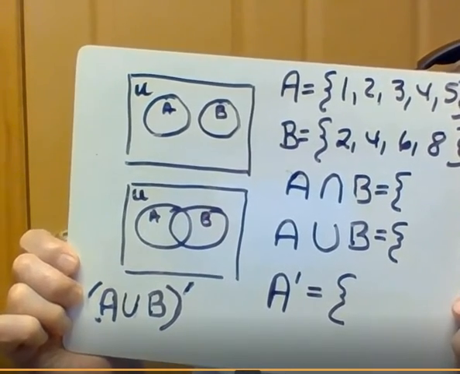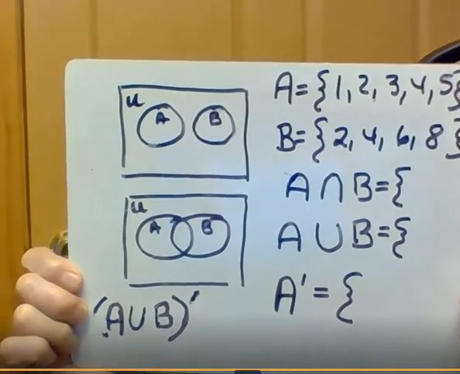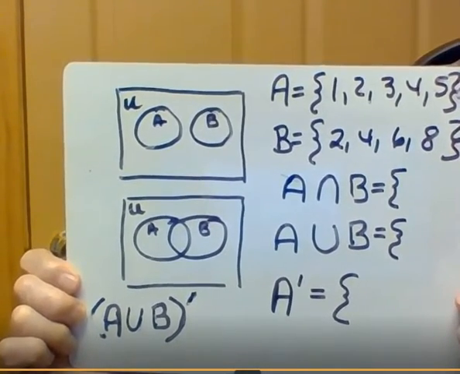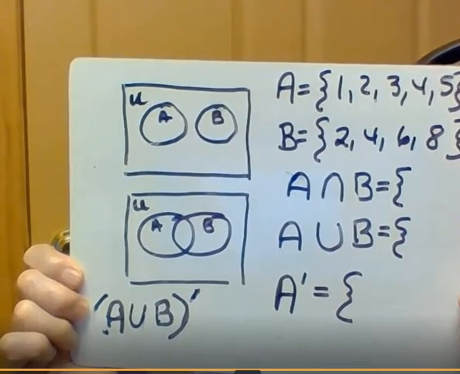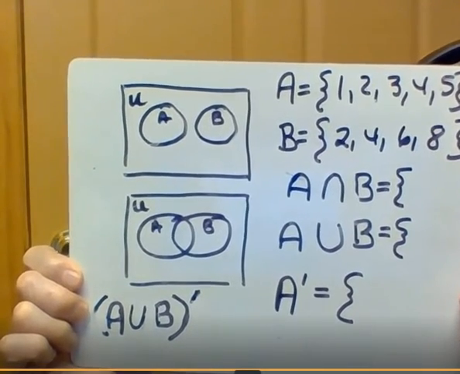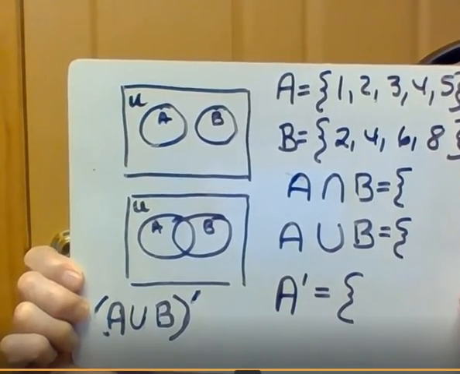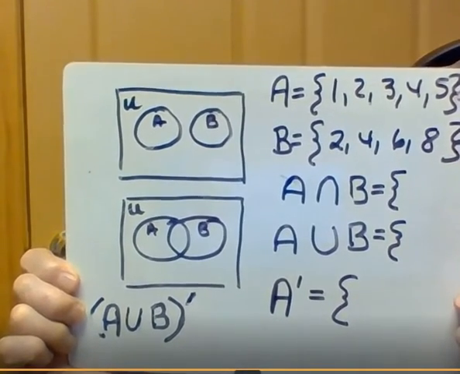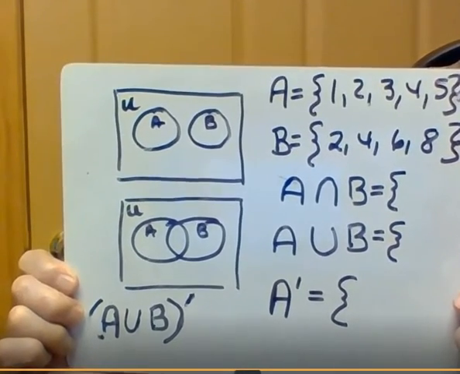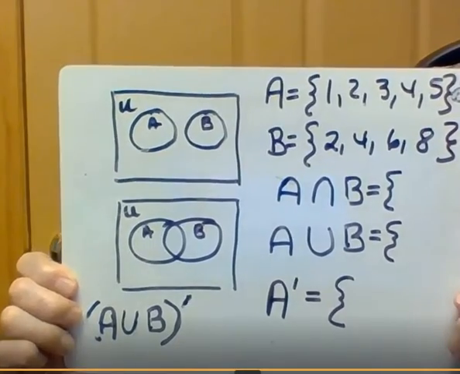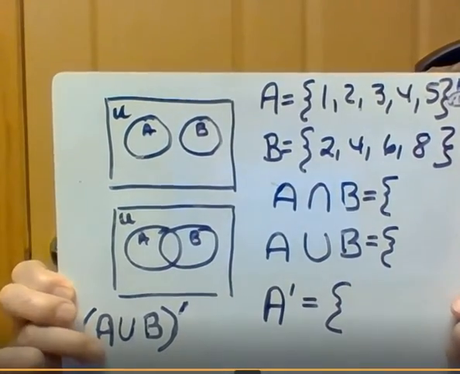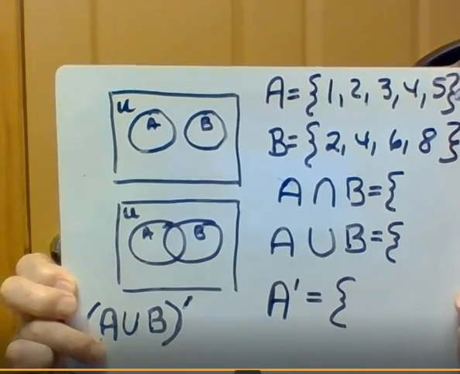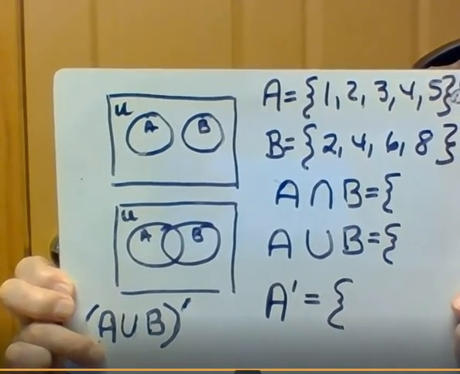Well, since there aren't any elements left, there would be an empty set, because 1 through 6 and 8 are already included in the union. There's no other members left. So the one down there, I guess, would be an empty set. You would have the braces but nothing in it.